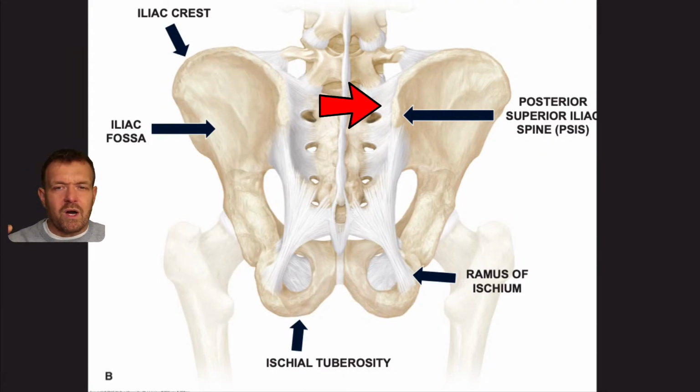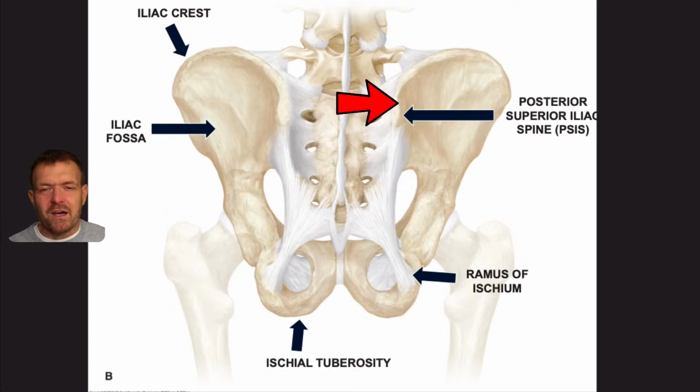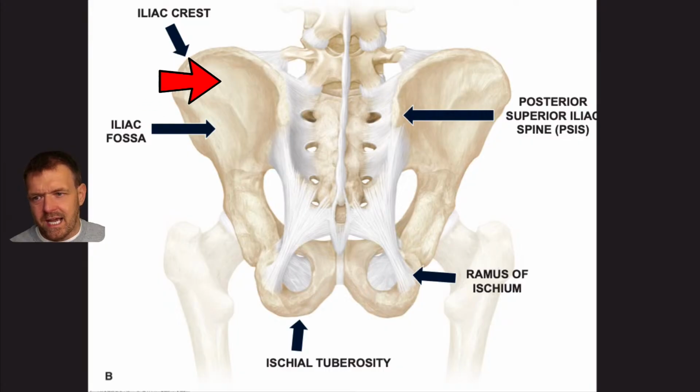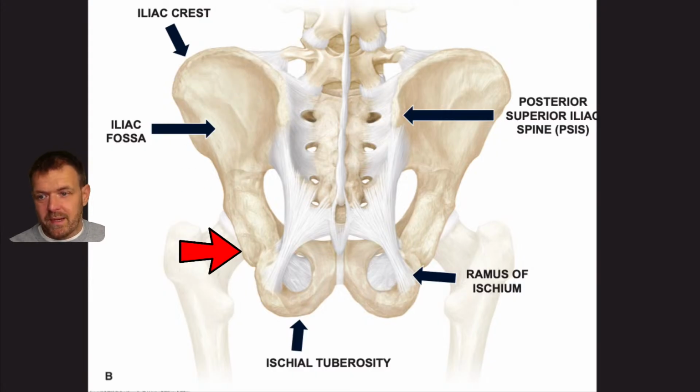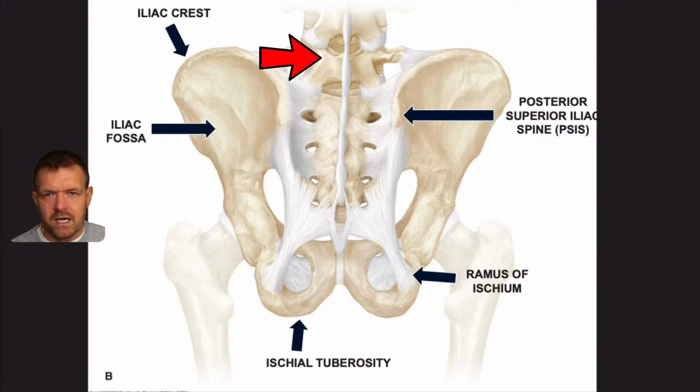It is obviously the posterior aspect of their body, but they would probably be worried about their spine. The problem is that if this area is irritated, you can get referred pain down the leg from here. So if someone thinks it's their back and they're getting pain down the leg, automatically they Google it and think they've got some kind of horrendous disc herniation.